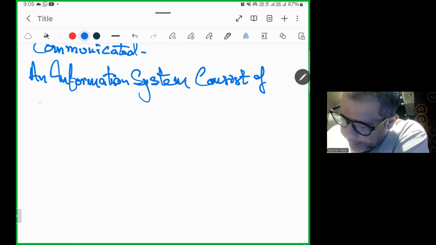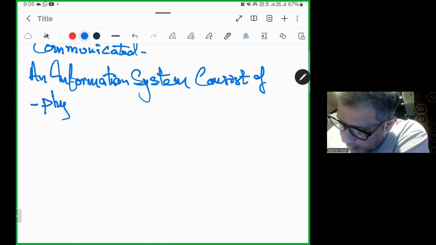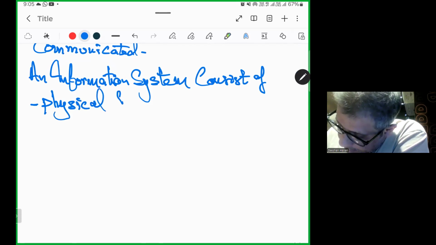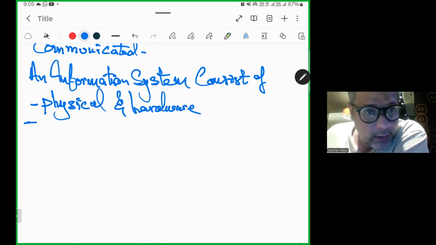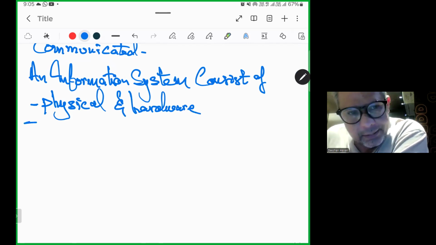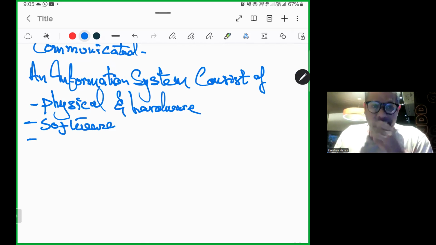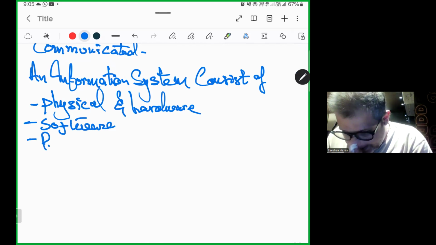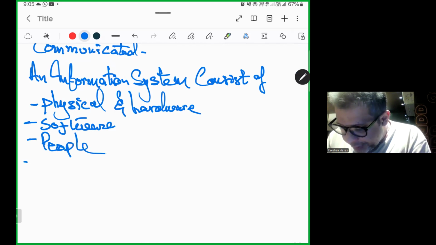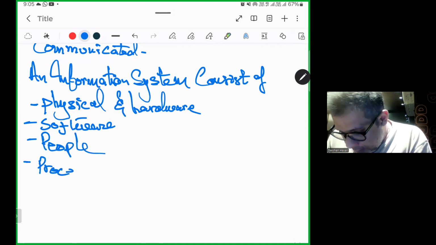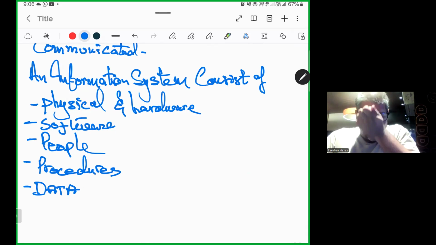Physical and hardware, software, IT based, people, procedures, and data. People, procedures, data. Right?